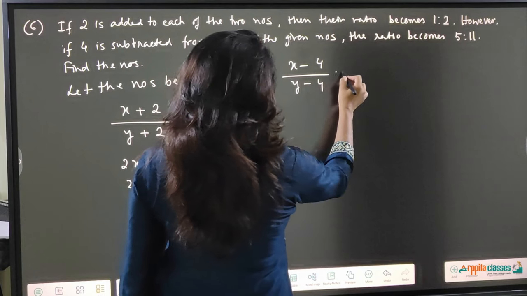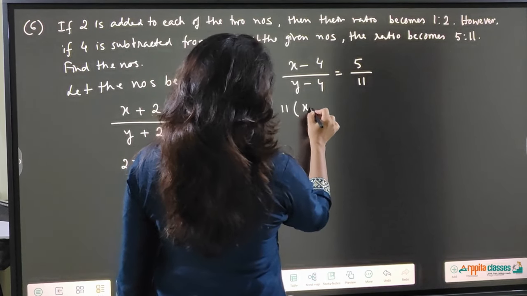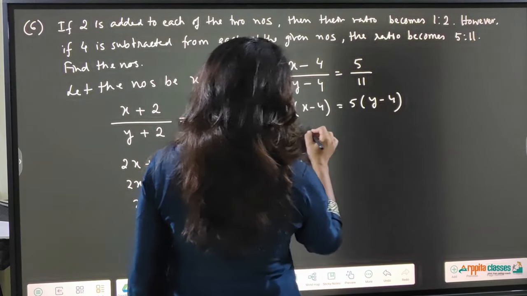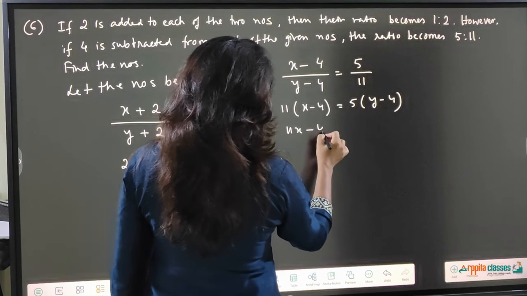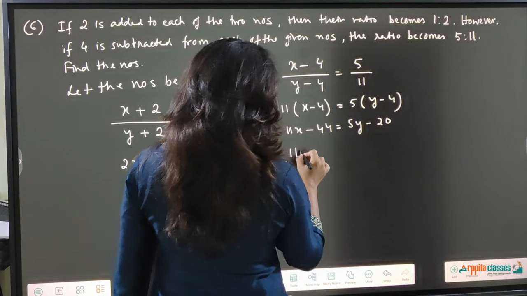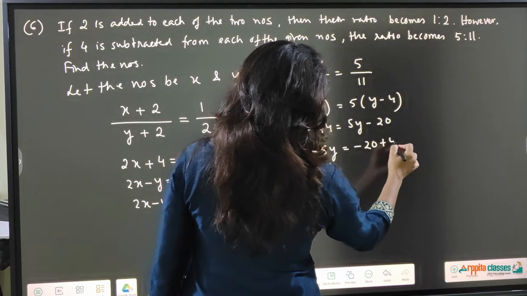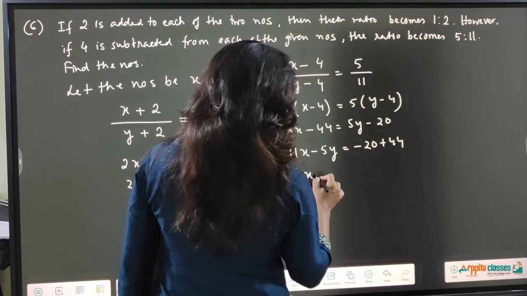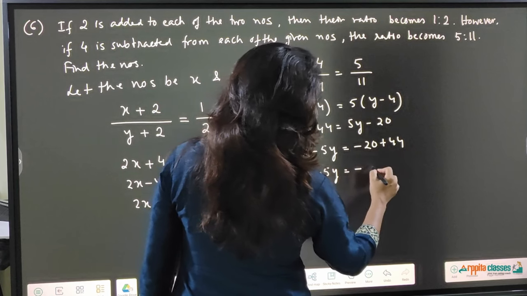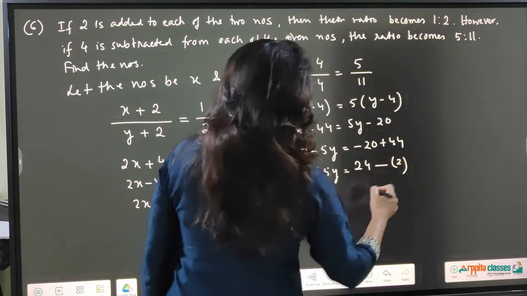Cross multiply: 11 times x minus 4 equal to 5 times y minus 4. So 11x minus 44 equal to 5y minus 20, or 11x minus 5y is equal to 44 minus 20, that is 24. This is my equation number 2.